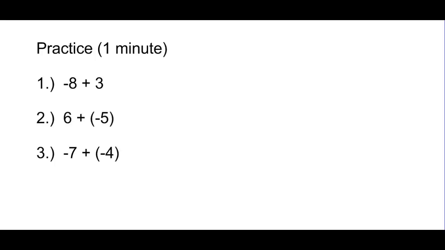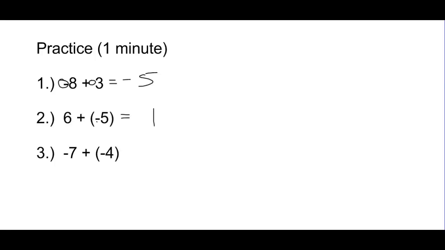Alright, so hopefully everyone was able to get to a solution here. And without drawing the pictures, hopefully we can look at a negative and a positive. That tells us we're going to subtract. 8's bigger than 3, so my answer is negative 5. 6 plus negative 5. Positive, negative, so therefore I'm going to subtract.